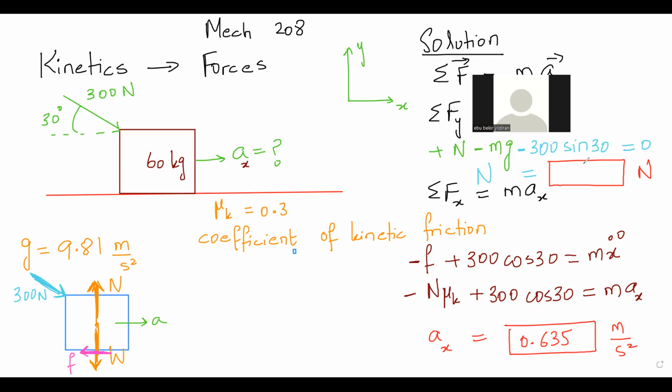And normal force is 300? 738. Double check. Anyone double check and then tell me. Everyone. At least 2-3 students. Yeah, it's 738.6. Okay.